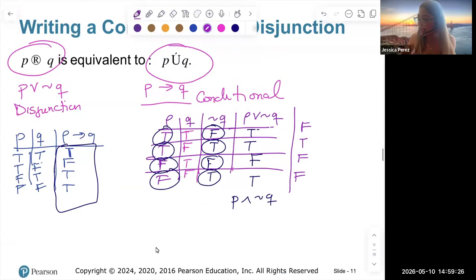So here we notice that P or not Q is T, T, F, T, and the others are T, T, F, T. So these are not equivalent.